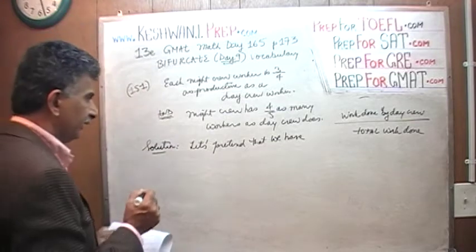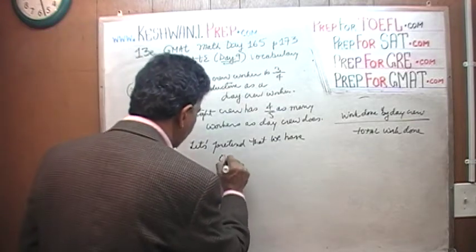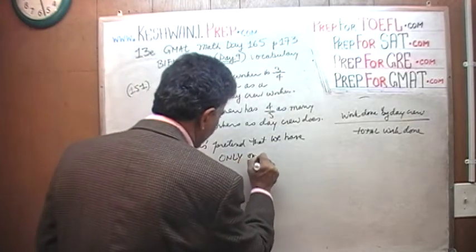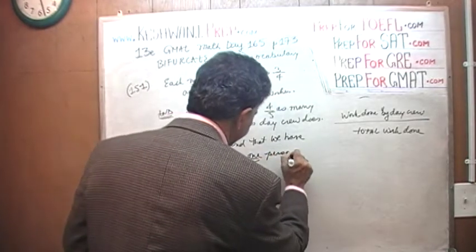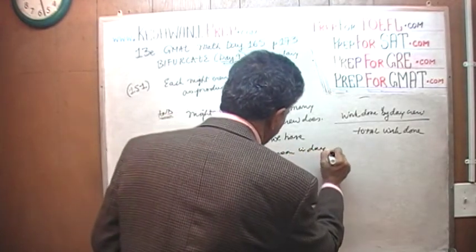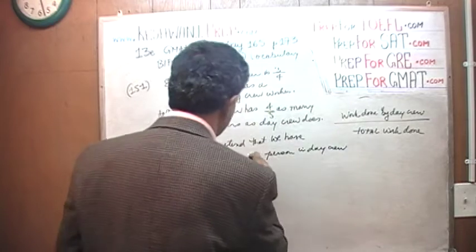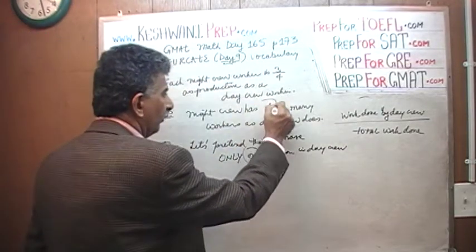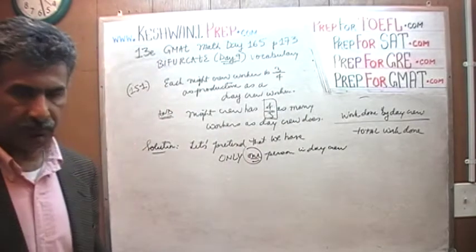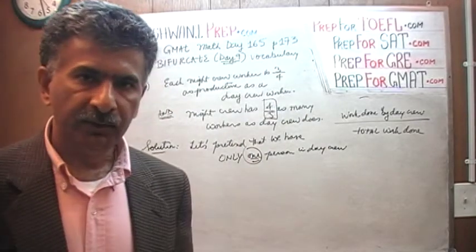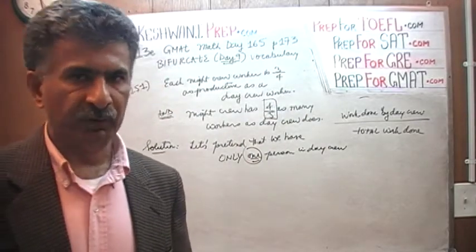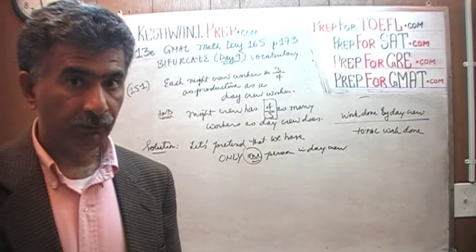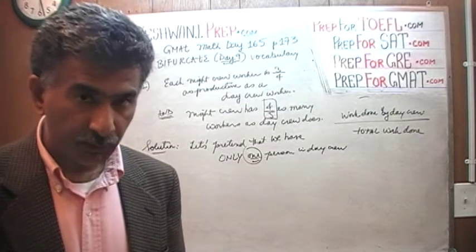Let's pretend that we have only one person in day crew. Only one person, that's it. We are told that night crew has 4/5 as many workers, which means night crew will end up having 4/5 of a person. Yes, it is okay.